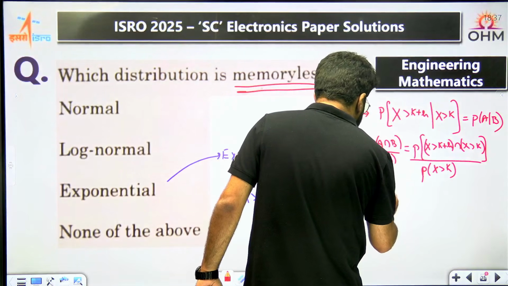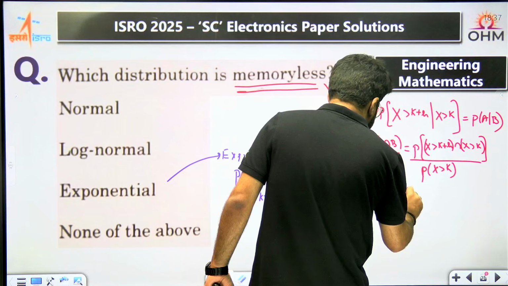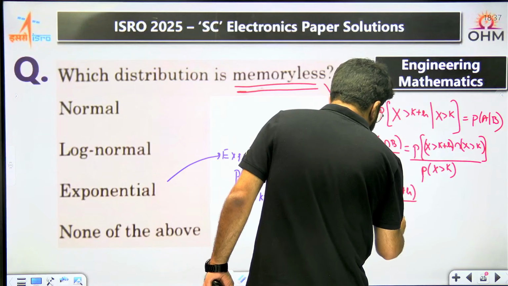So this becomes the probability X greater than k plus h, and the denominator is the probability X greater than k.